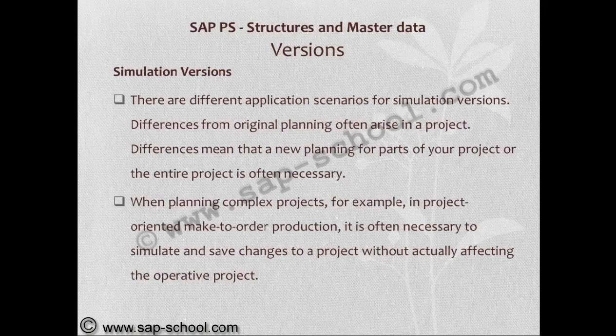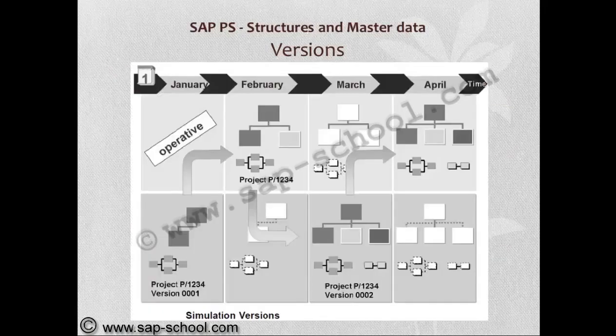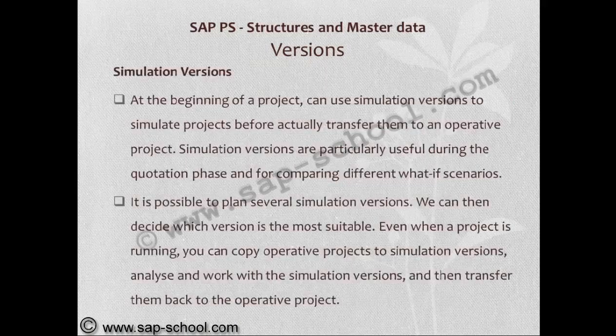When planning complex projects, for example in project-oriented make-to-order production, it is often necessary to simulate and save changes to a project without actually affecting the operative project. So that means we are creating the version and copying into another version, simulating and comparing, and finally retaining to the operative version.